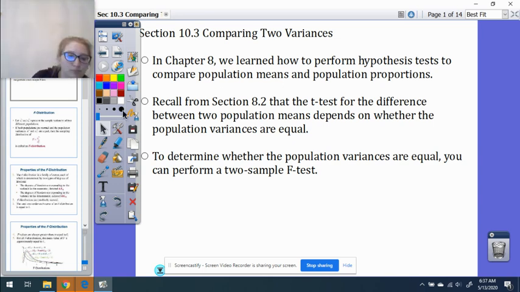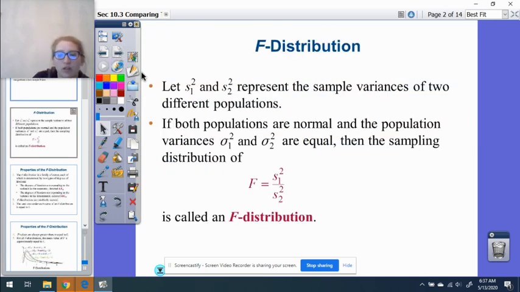So what the F distribution is, we have S sub 1 squared and S sub 2 squared representing our sample variances for our two different populations, okay?